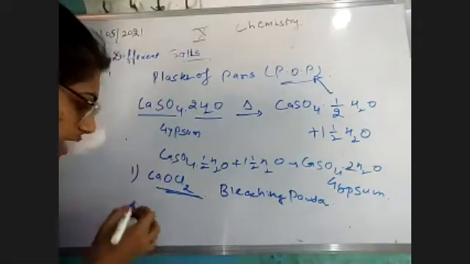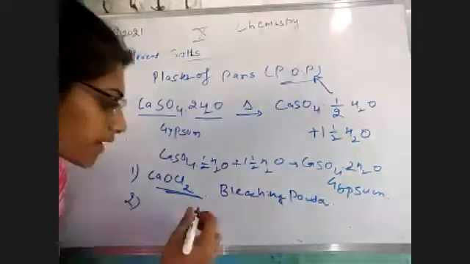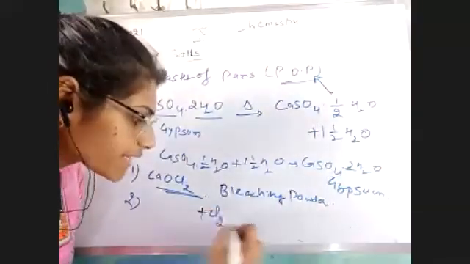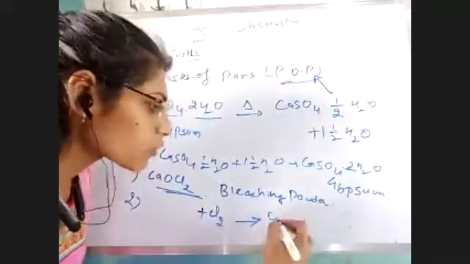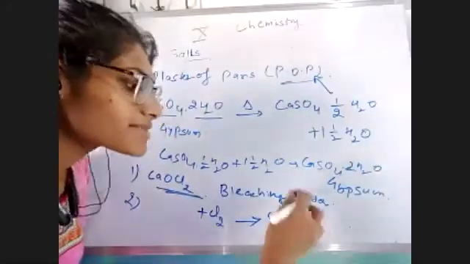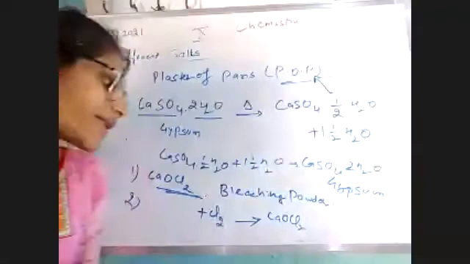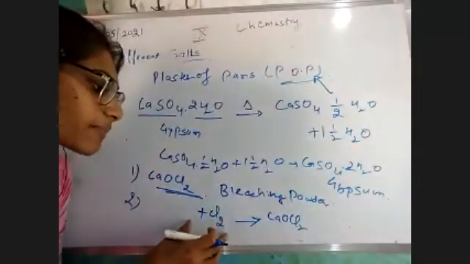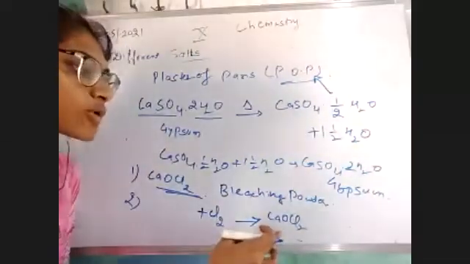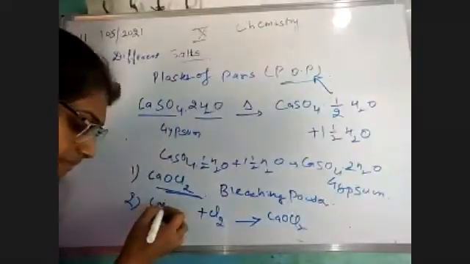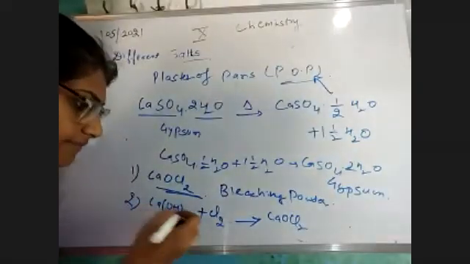Name the substance which on treatment with chlorine would give you bleaching powder. That means both questions are interconnected. So whenever I'm reacting any compound with chlorine and it gives calcium oxychloride, that compound is calcium hydroxide.